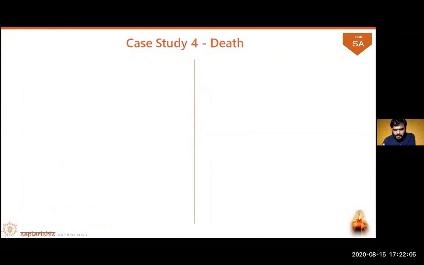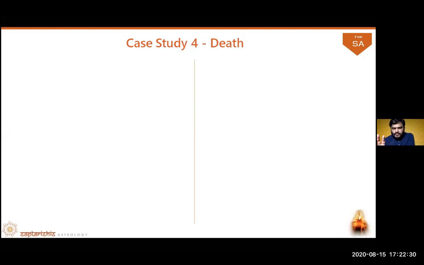Now we are studying rule 3, the rule of death. This is very important. As I told you, before applying this third rule, you must check the longevity of the native, whether the native is Alpayu, Purnayu or Madhyamayu: short, medium or long longevity.